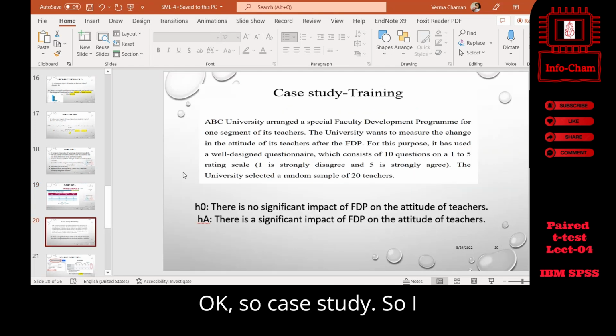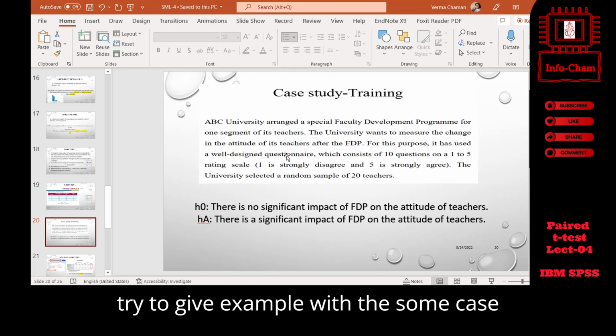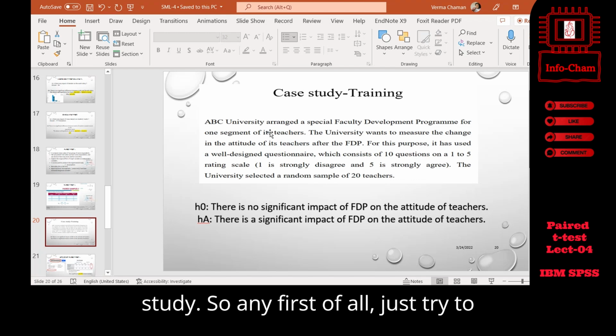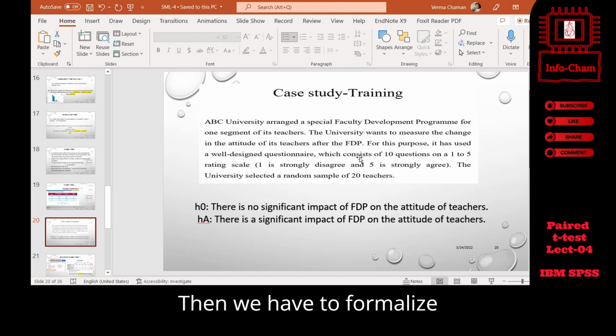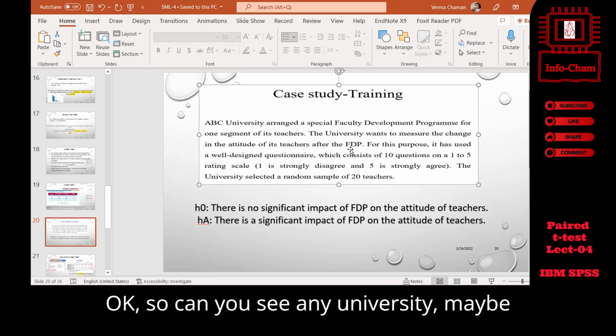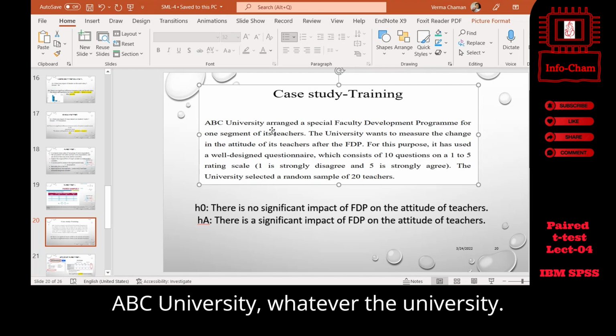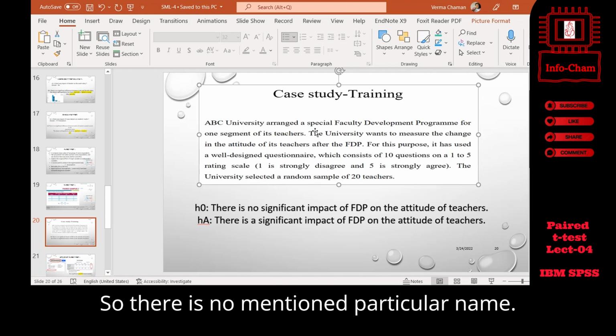Okay, case study. I will try to give an example with some case study. First of all, just try to understand the problem, then we have to formalize our hypothesis or our objective or task. Can you see any university, maybe ABC University, there is no particular name mentioned.